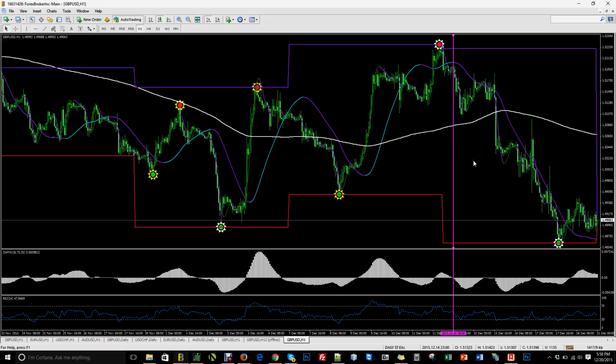You can also base it on fractal arrows. I don't keep mine up on the chart, but it'll still pull them in. I know a lot of you like to use the fractal arrows, and I know some of you like to use a semaphore. I don't suggest it, okay? That semaphore repaints way too much to rely on it. So just something to think about there.